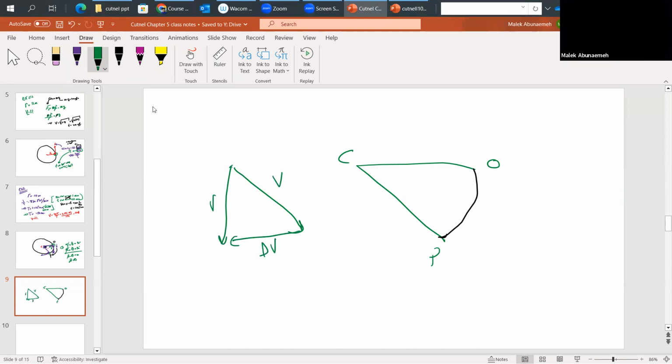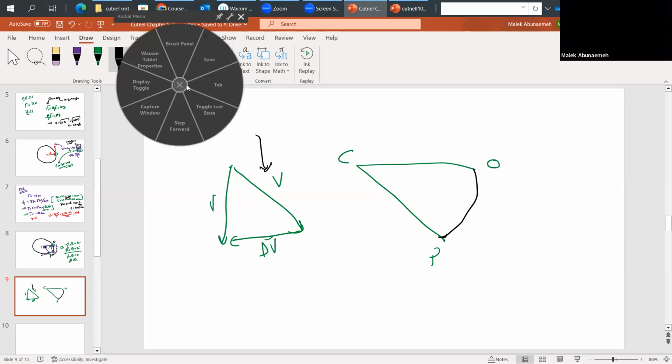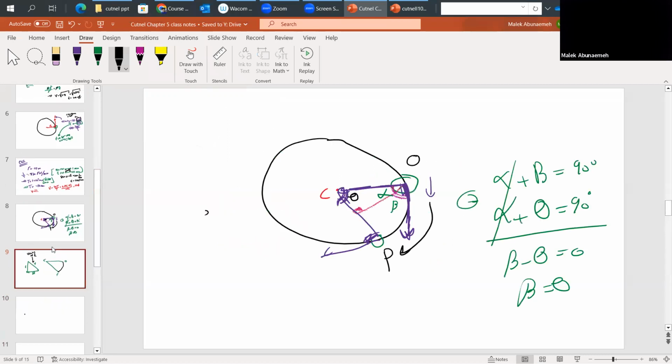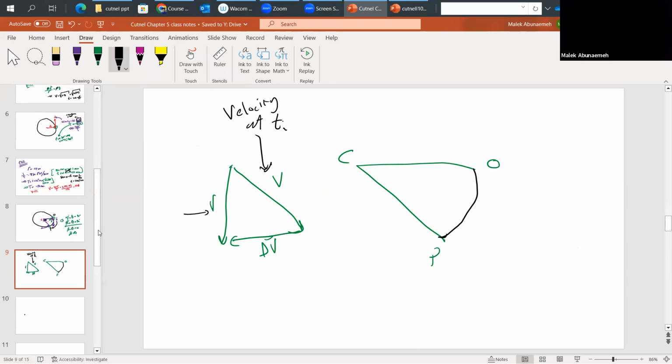That means it's going to be delta V. This is your velocity at initial time, and this is your velocity at your final time.